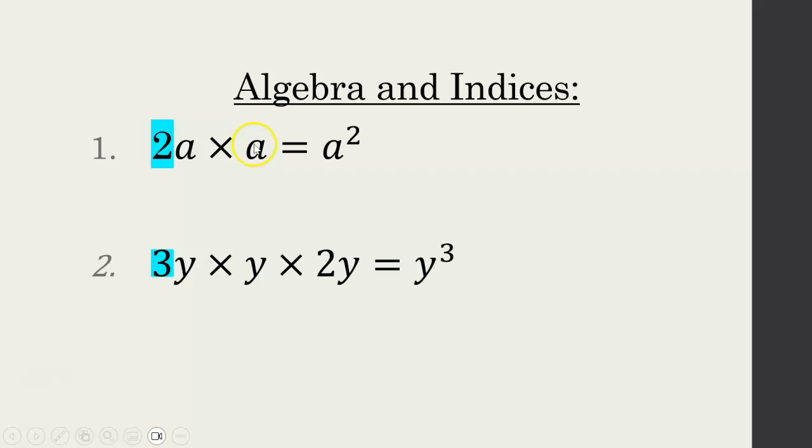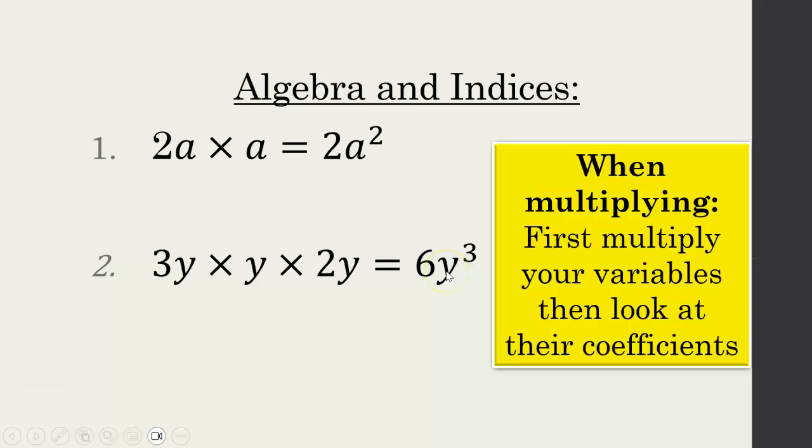So what's 2 times 1? That's going to be 2. What about the 3? What's the number in front of this y that we don't write? It's 1. So 3 multiplied by 1 multiplied by 2 is 6. My final answer would be 2a squared for 2a times a, and 6y cubed.